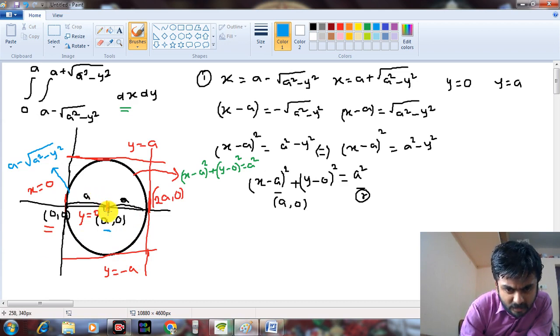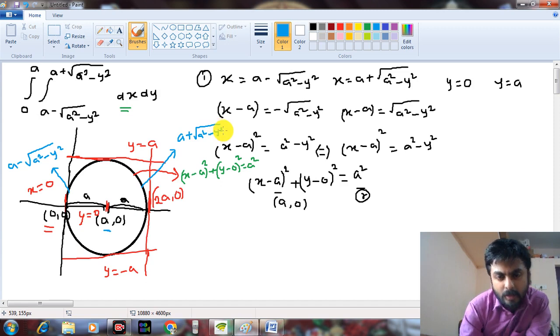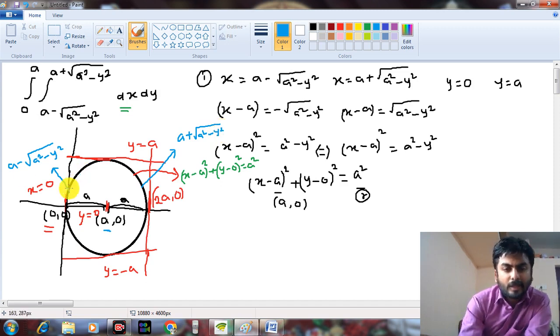Since a is the center, this is a minus, and this will be a plus root of a square minus y square. So the x limit lies between these two, and the y limit lies between y equal to 0 and the other one.